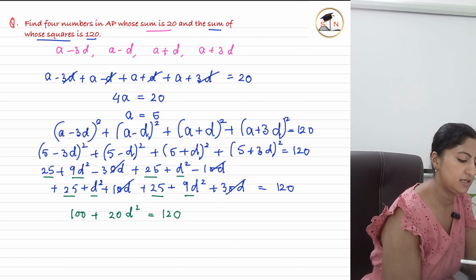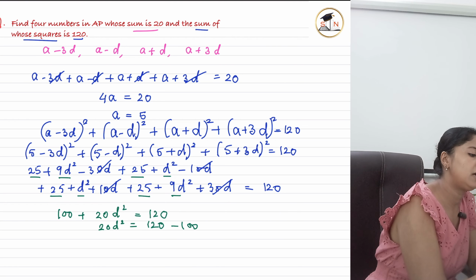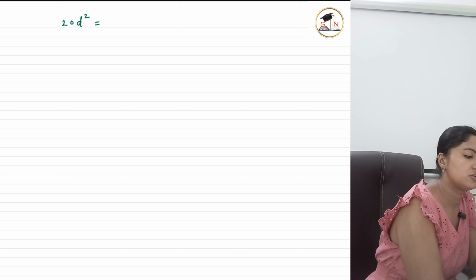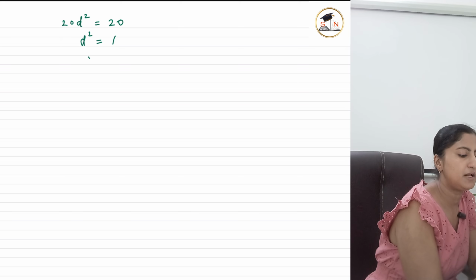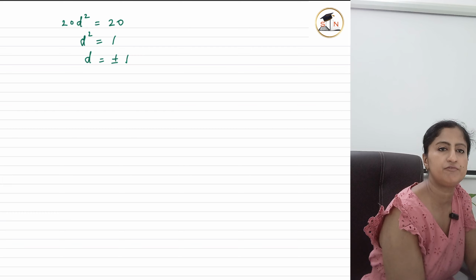Now simplifying gives us 20D square equals 120 minus 100. That means we have got 20D square equals 20. So therefore, D square comes out to be 1, and that means D is plus minus 1, because we had to take the square root of 1, that is plus minus 1.